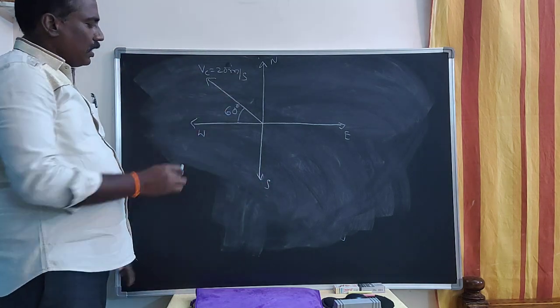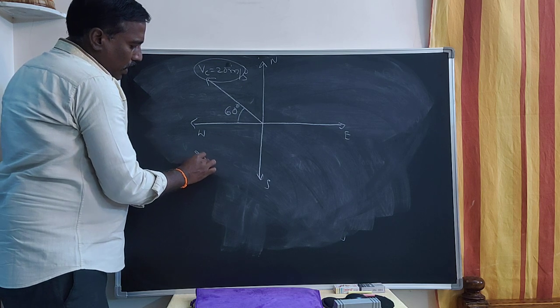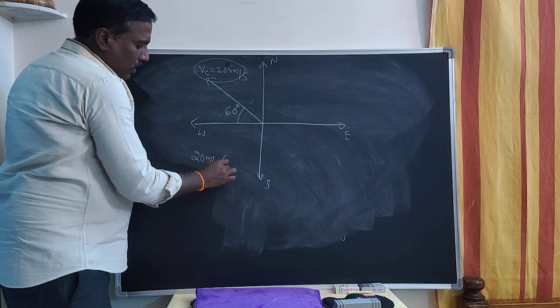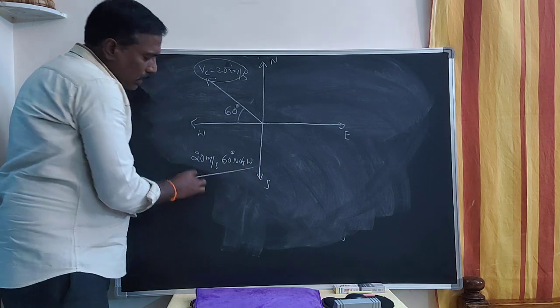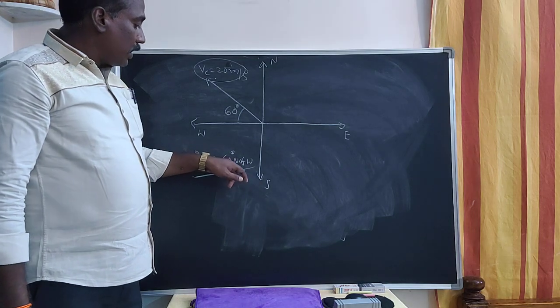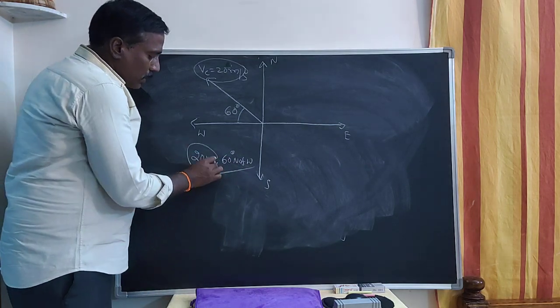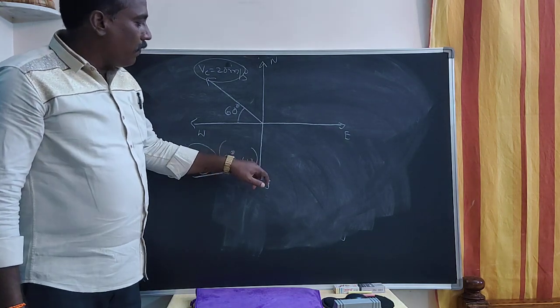How to represent this? This velocity can be expressed as 20 meters per second, 60 degrees north of west. The magnitude is 20 meters per second and the direction is 60 degrees north of west.